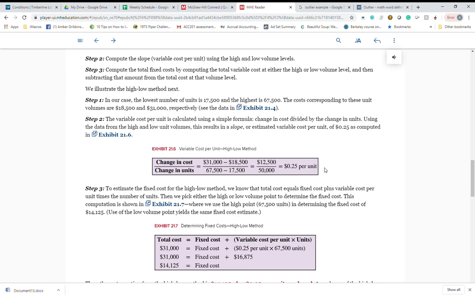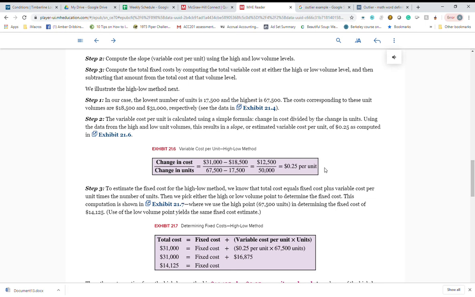Now the next part is simply plugging in this variable cost per unit into an equation and solving for fixed cost. So now that I've got my 25 cents per unit, I'm going to plug it in to an equation and multiply it by the high.